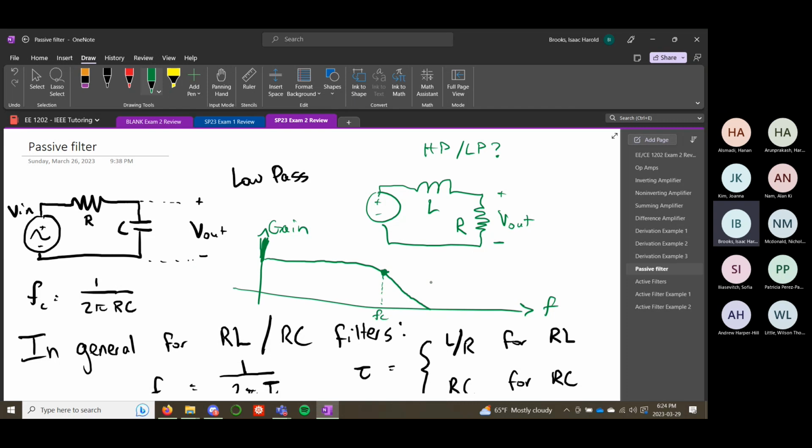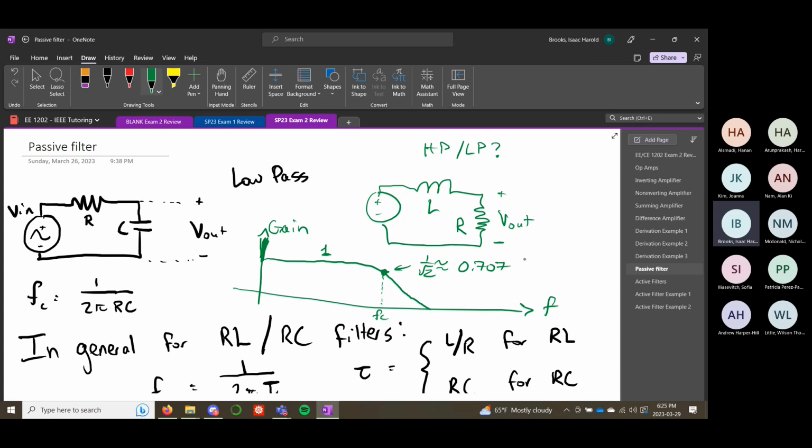What's special about the cutoff frequency? Yeah, exactly. So if the gain here was 1, then the gain here would be 1 over the square root of 2, which is about 71%. And the reason this is important is because this is the half power point.